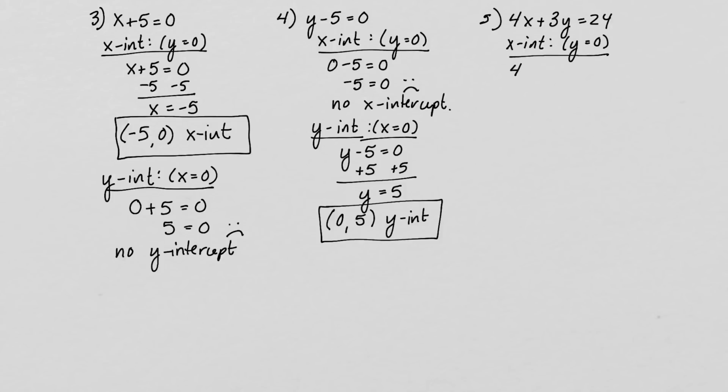So 4x plus 3 times 0 is going to be 24. So 4x plus 0 equals 24. So 4x equals 24. Divide both sides by 4. X is going to be equal to 8. So the x-intercept is going to be 8, 0.